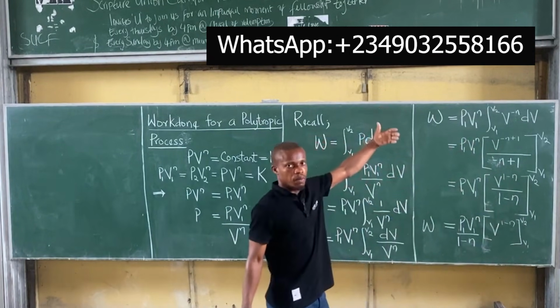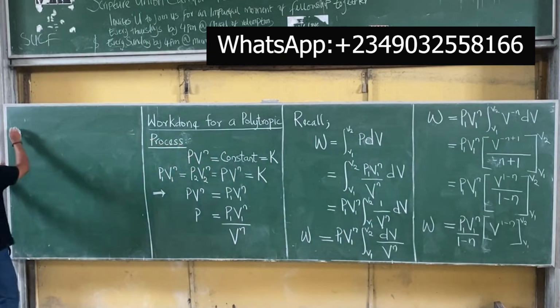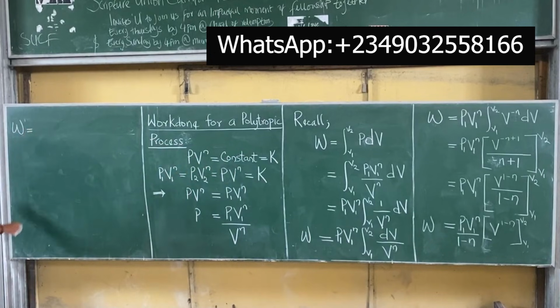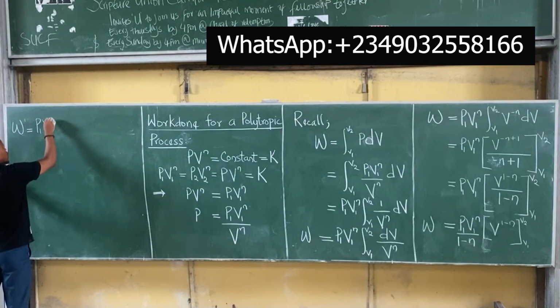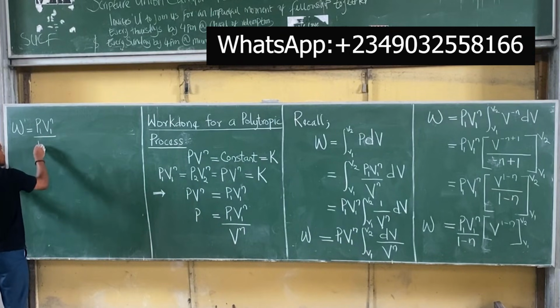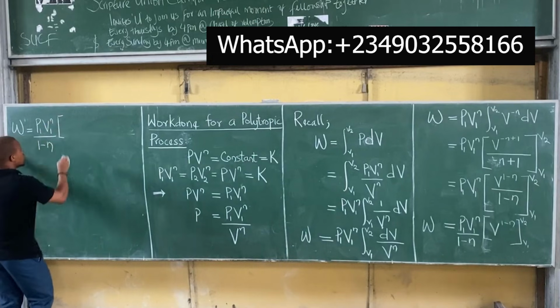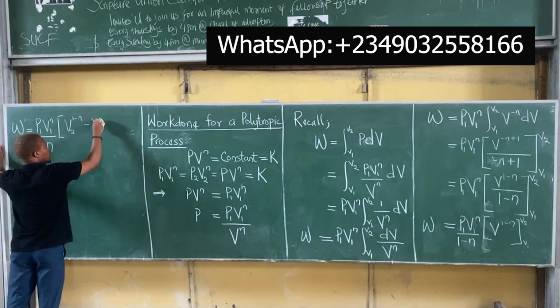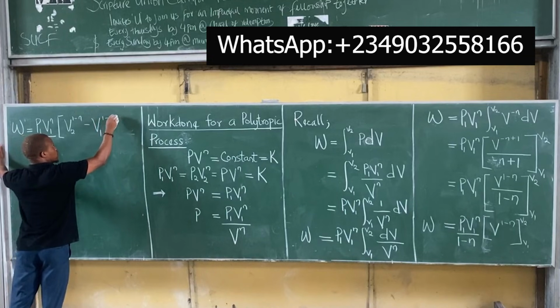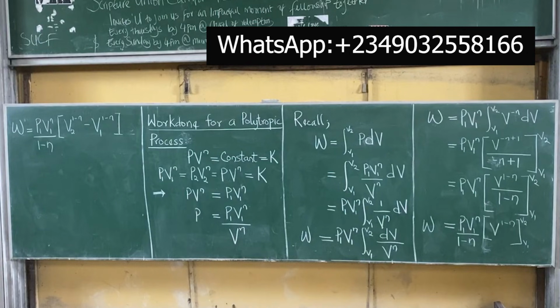So I can simplify this. I can say the upper limit minus the lower limit. So what do I have? I have that W equals P1 V1^n over 1 minus n, bracket V2^(1 minus n) minus V1^(1 minus n). Now let's simplify.